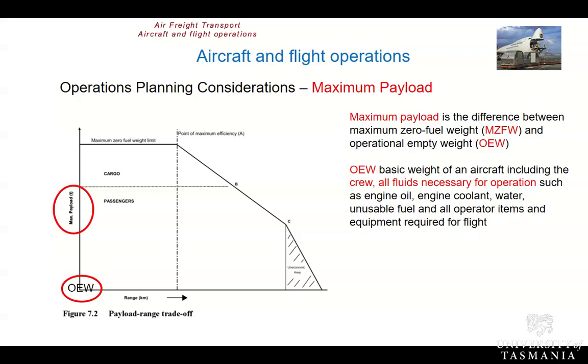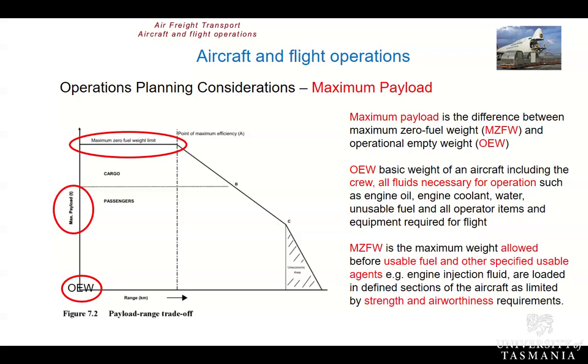That's the operating empty weight, okay? The maximum zero fuel weight is the maximum weight the aircraft can be before fuel and other additional fluids are added to the aircraft.